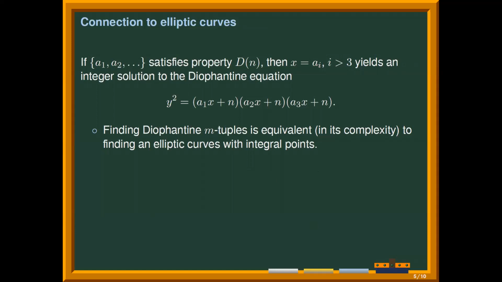Is the other direction also equivalent? It's equivalent in the sense that integral points on an elliptic curve are finite. There are finitely many of them by Siegel's theorem. Then if you find all the points, because there are finitely many, you can filter out the Diophantine M-tuples pretty easily in that finite set, if that makes sense for you. It does. Good.